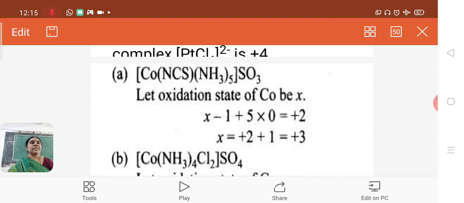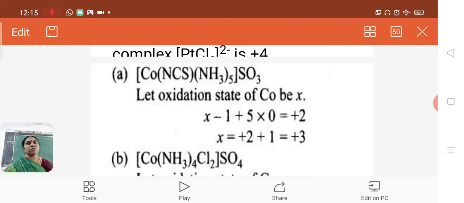Now let the oxidation state of cobalt be X. Just as we calculate the oxidation state of any atom in a simple ordinary compound, the element whose oxidation state is to be calculated is assumed to be X, and then we sum up the oxidation states or charges possessed by the other groups or atoms present in the compound. The same way we are going to calculate the oxidation state of cobalt.